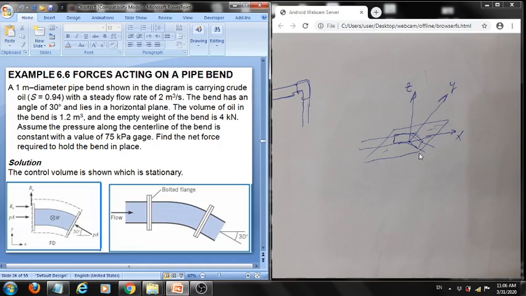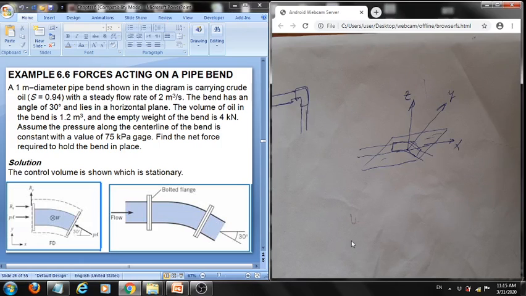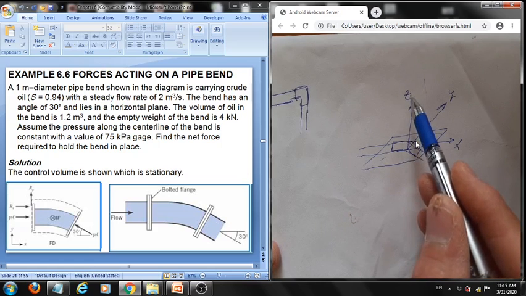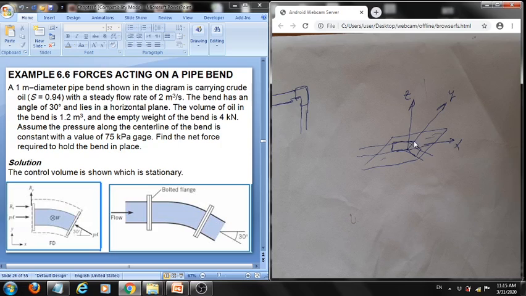Again recognize in this problem that the flow occurs فقط only in the xy plane, and also we realize that there is no flow occurs in the z direction. Okay, الآن المطلوب find the net force required to hold the bend in place.